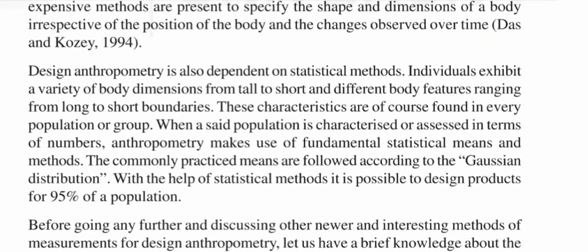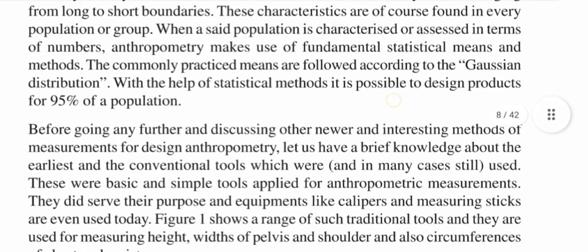When a said population is characterized or assessed in terms of numbers, anthropometry makes use of fundamental statistical means and methods. The commonly practiced means are followed according to the Gaussian distribution. With the help of statistical methods, it is possible to design products for 95% of a population.